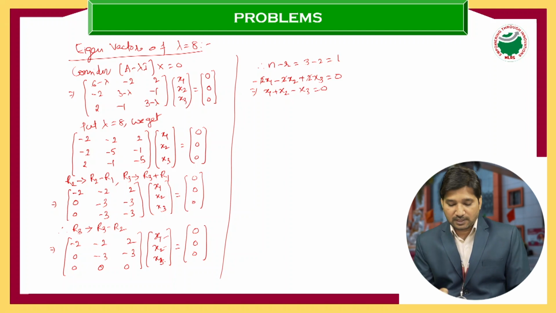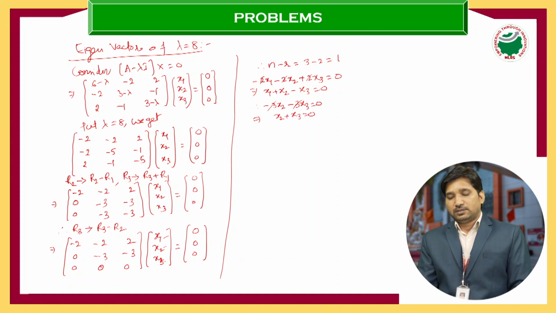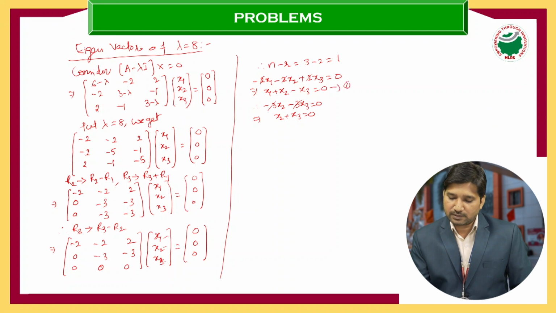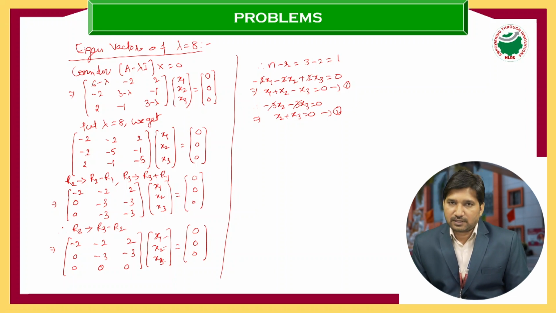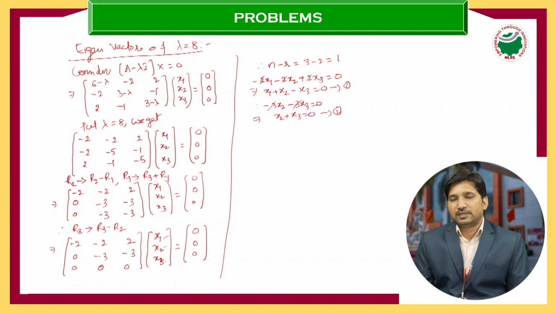And the second row is minus 3 x2 minus 3 x3 equal to 0. So we can also write, cancelling minus 3, x2 plus x3 equal to 0. This is equation 1, this is equation 2. So there are 2 equations and the number of variables is 3, so we can make one independent variable.